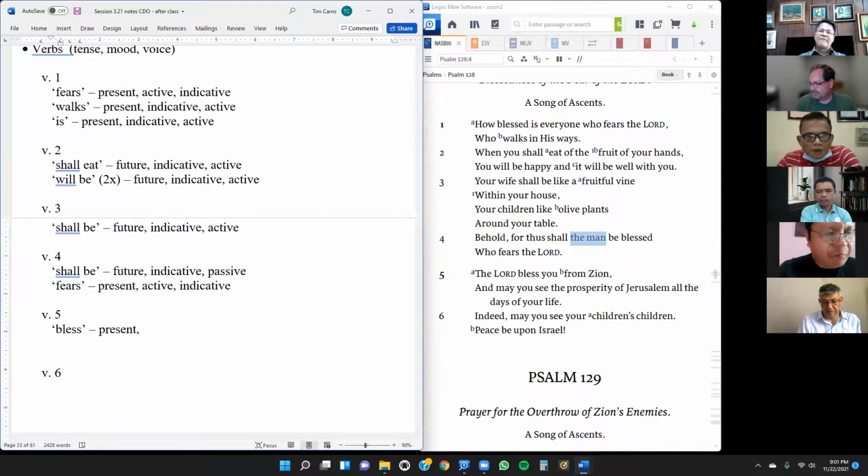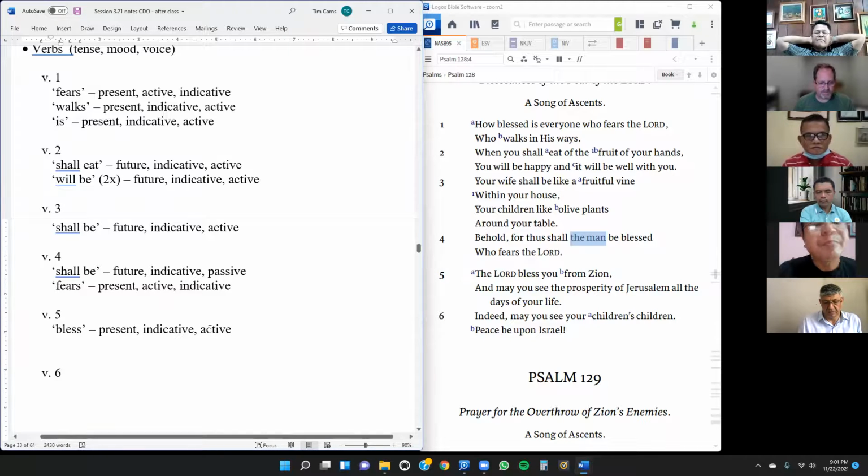Then indicative. Okay, indicative. And then the subject is Lord, active. Yes, very good. Subject's doing the action. Okay. Any more? Then the second line, the verb is see.